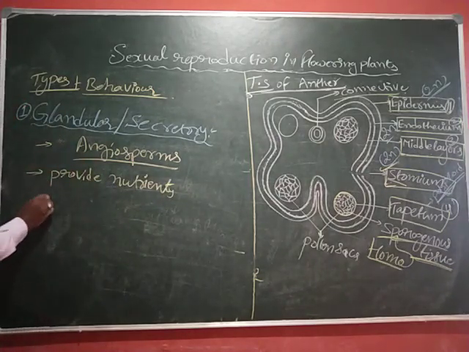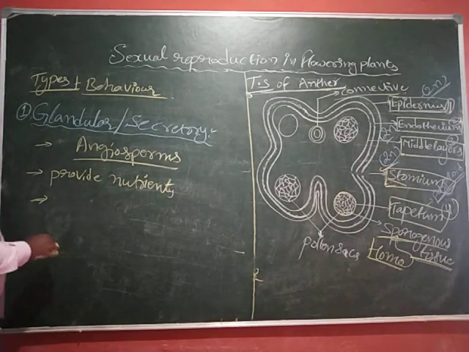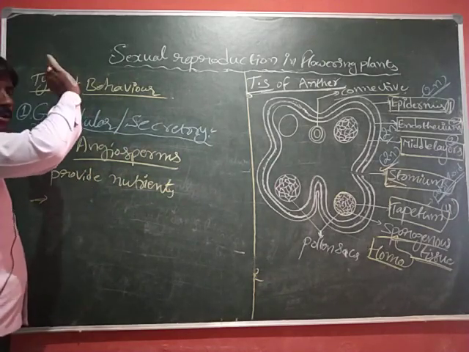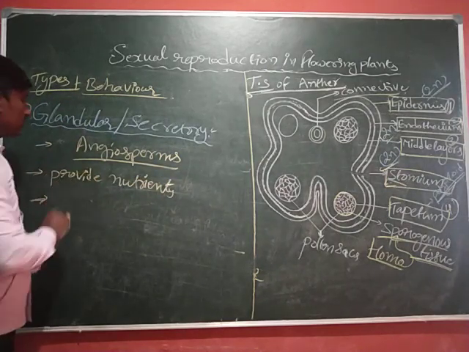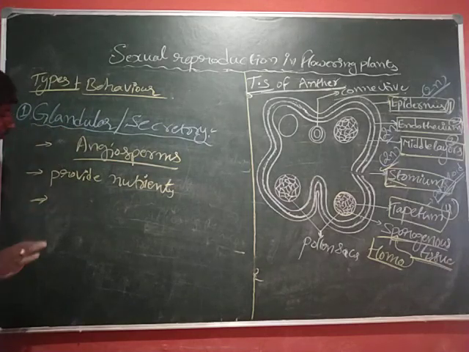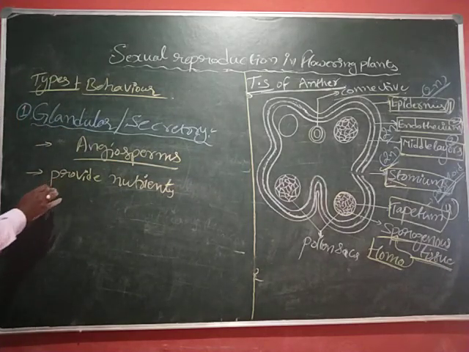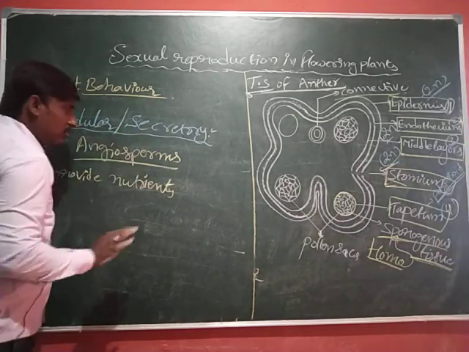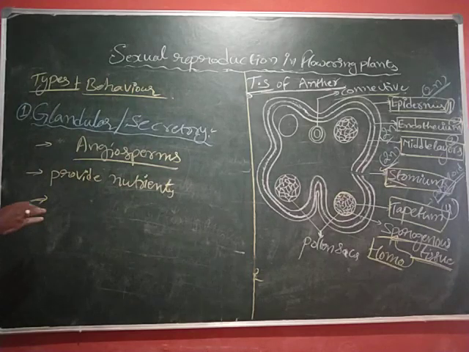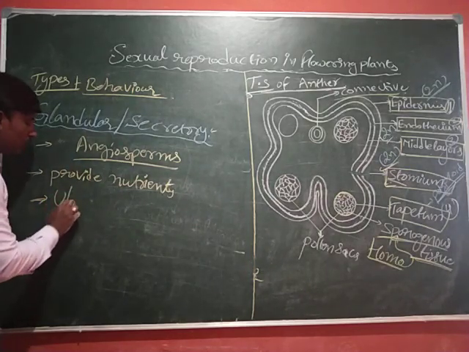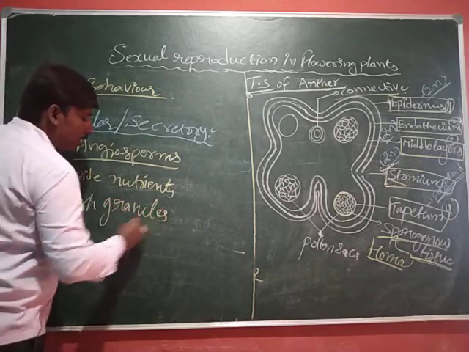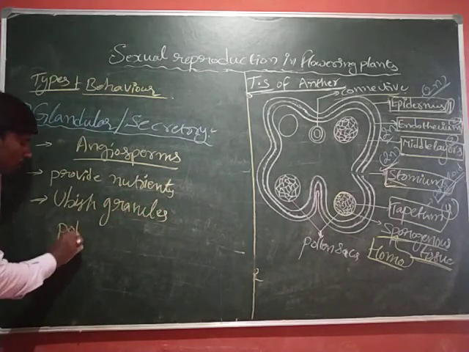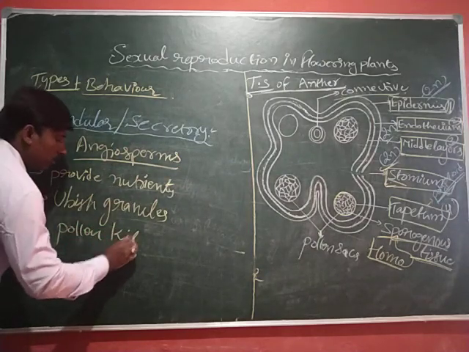We have already discussed the functions of tapetum, but in this type of tapetum all these functions are exhibited. The glandular or secretory tapetum also takes part in the production of Ubisch granules and pollen kit material.